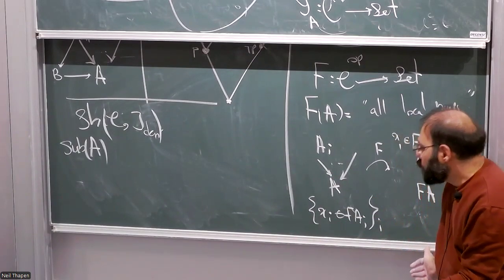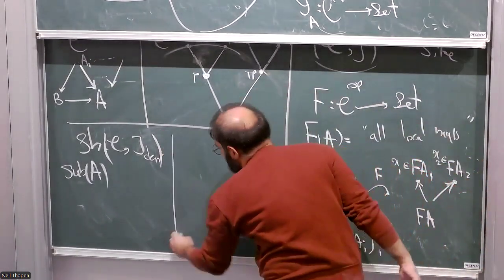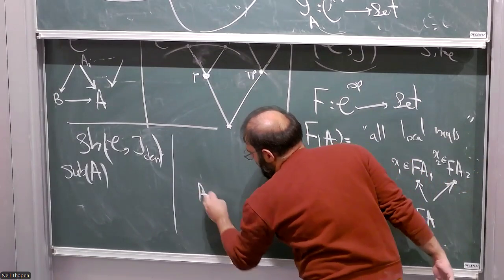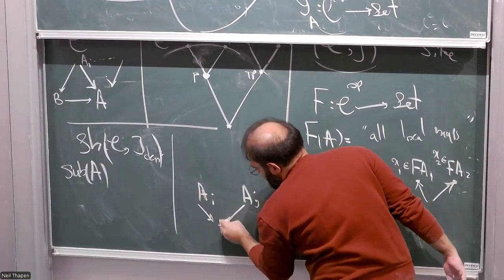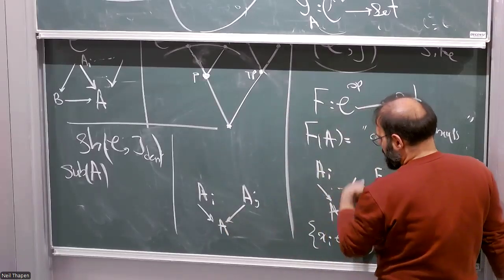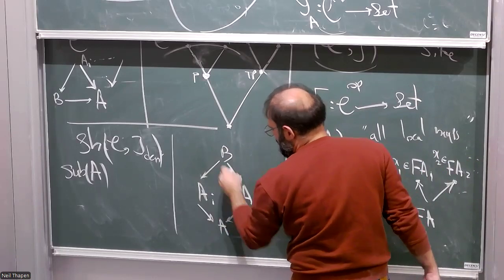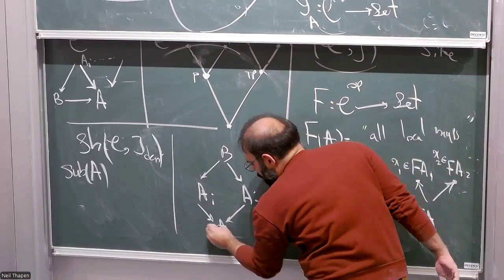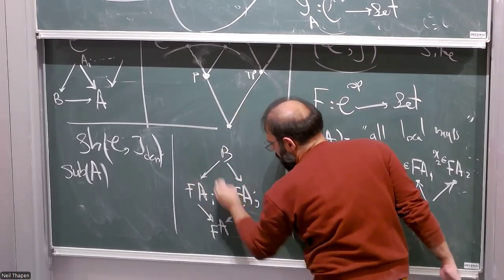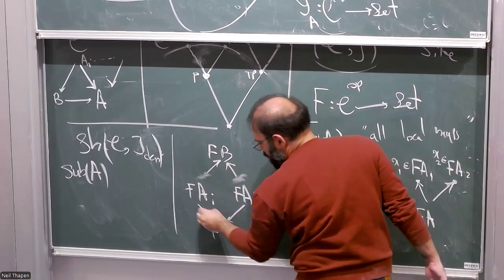So how to write it down? The family like this is called compatible when for any i and j, for any two maps from this guy, and any B such that it is in the intersection, so it commutes. Then if you compute F of it, you get this, right?